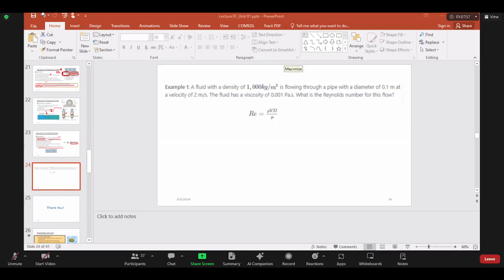Share your answer using the chat box. What is the value for Reynolds number and which type of fluid?